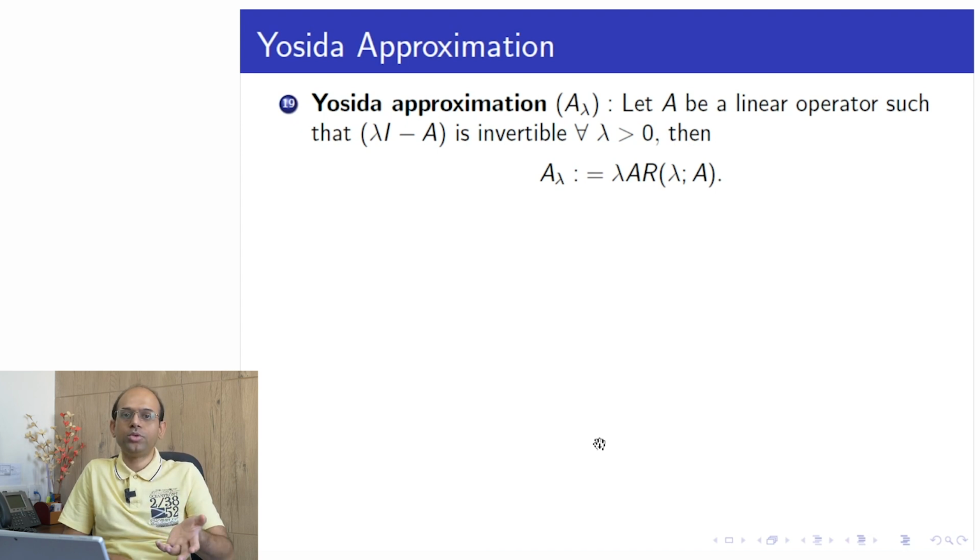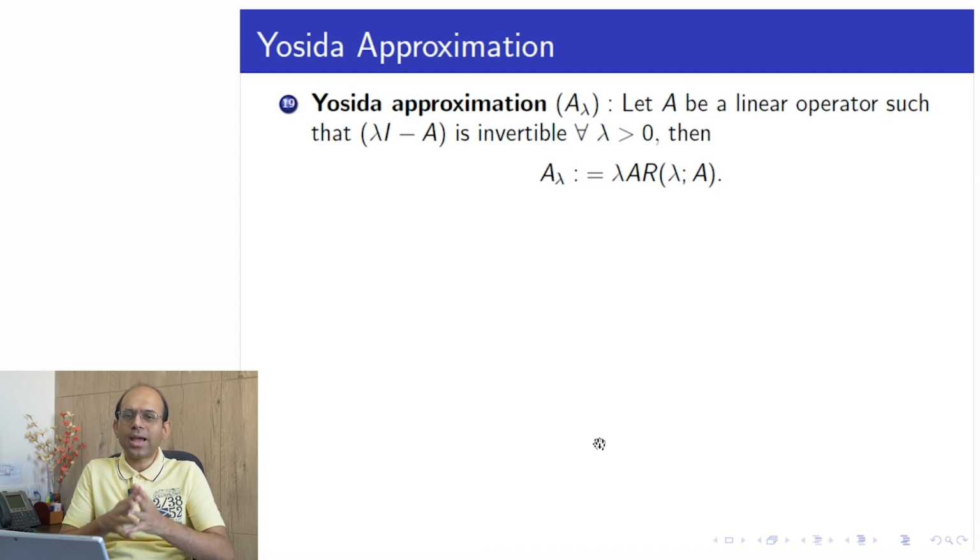We have also proved that the generator of a uniformly continuous semigroup uniquely determines the semigroup. What does it mean? That means that if there are two different uniformly continuous semigroups, T and S, and both have the same generator, both would be identical.